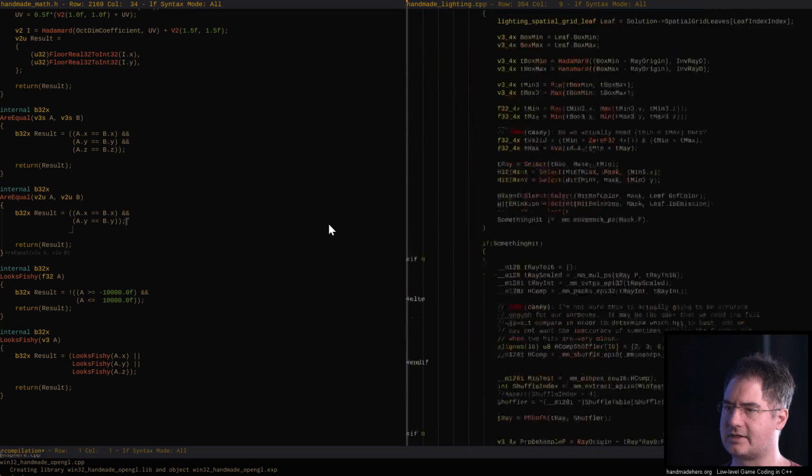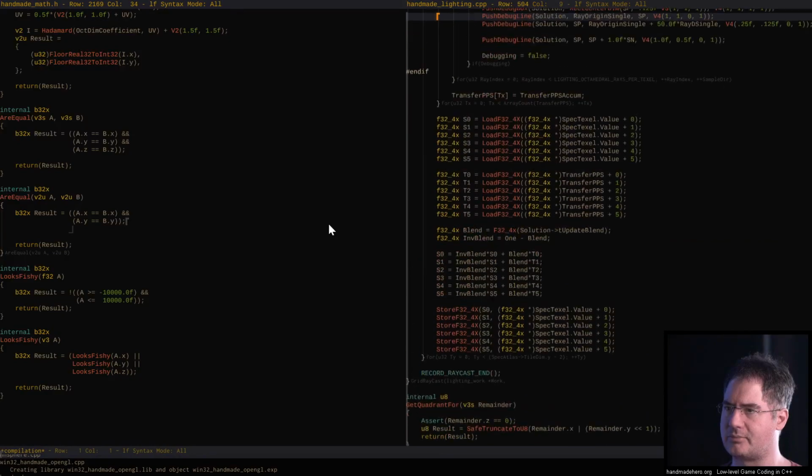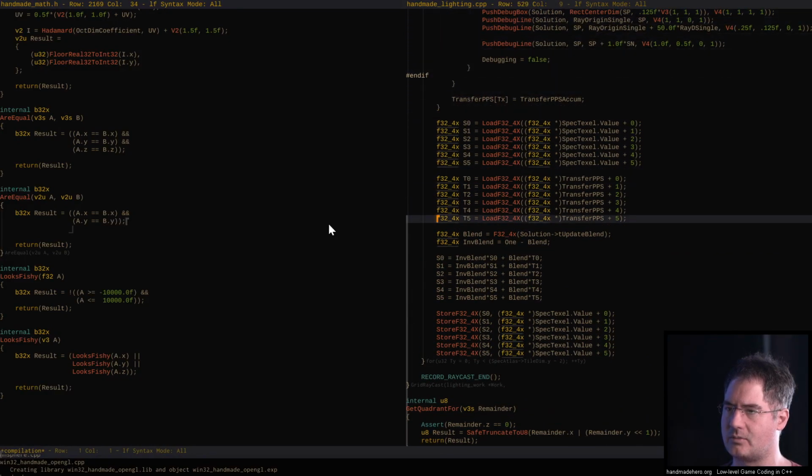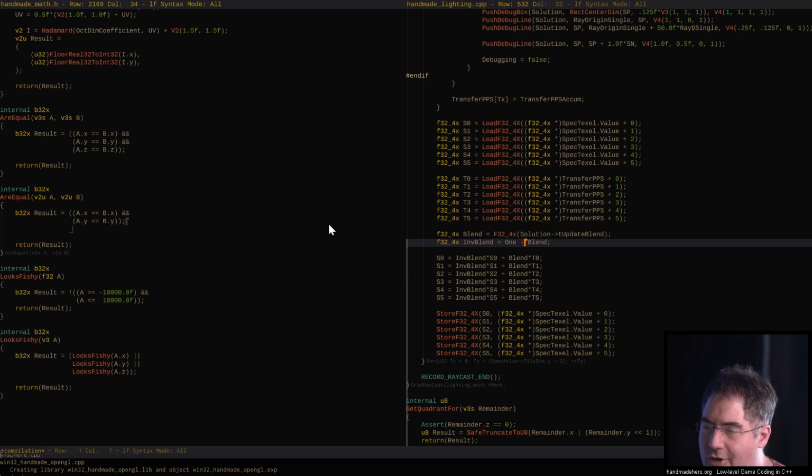So that seems fine. And the transfer PPS values are blended, right? They're 1 minus, they're lerped together, so you're not adding any energy there. So I don't know how we're getting this energy bleed.